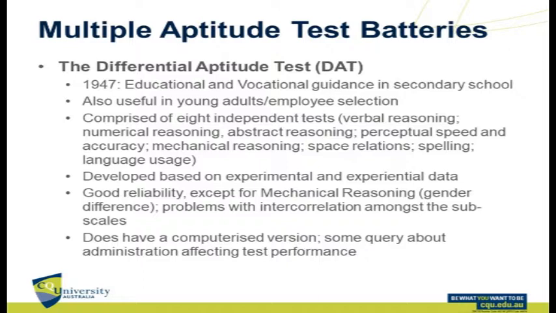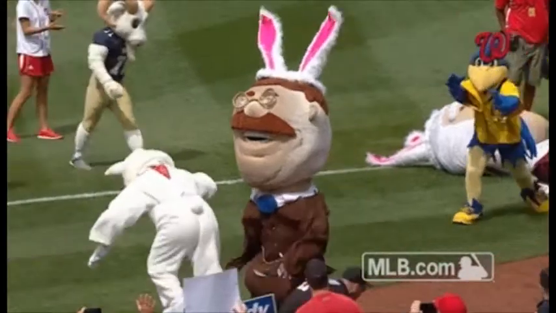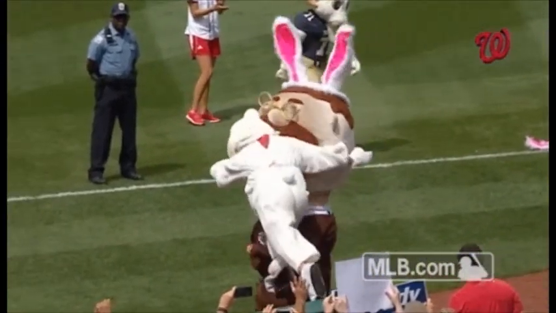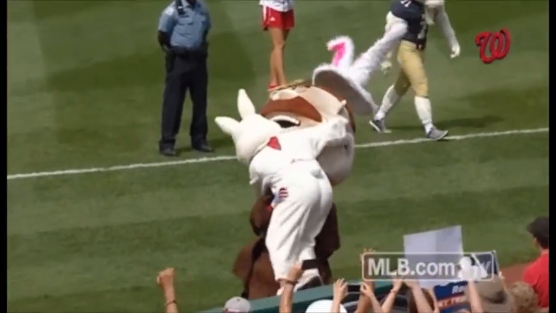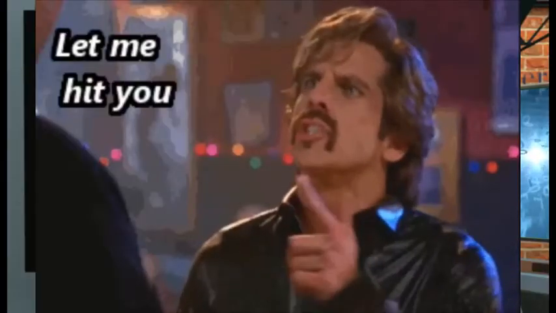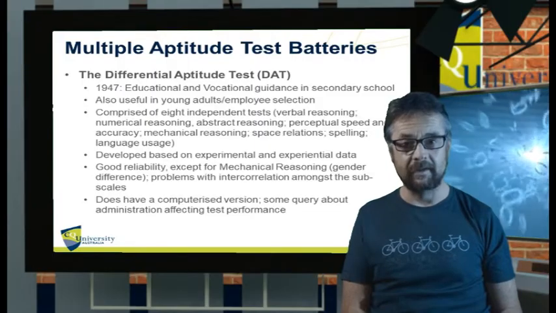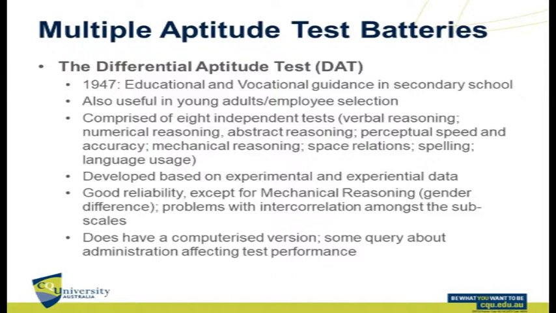It's a test battery because you get battered by it. No, sorry, being silly. It's because there are a battery of tests in it. In this case, 8 in all, that cover verbal reasoning, numerical reasoning, abstract reasoning, perceptual speed and accuracy, mechanical reasoning, and space relations, spelling and language use.